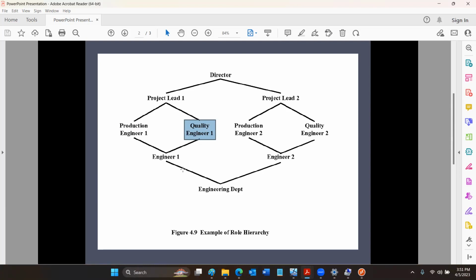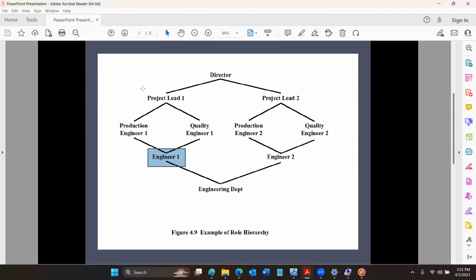So in terms of the management component of a team, an engineer may answer to more than one person, but every organization is different. So the first thing that you have to do when you're starting with role-based access control is to understand who reports to who.